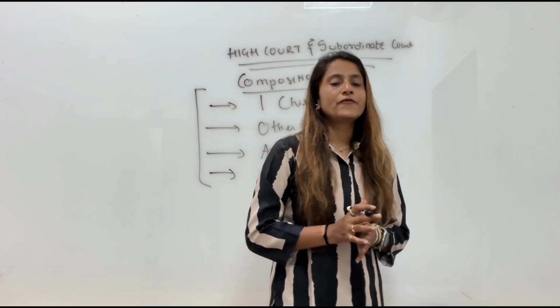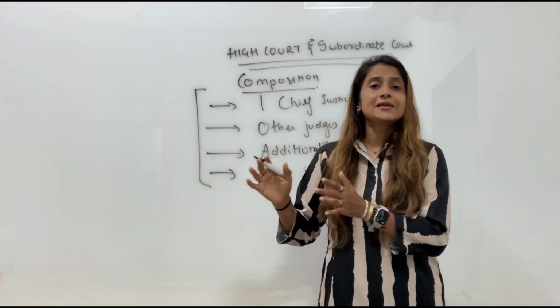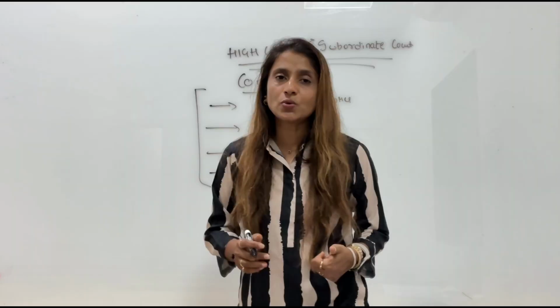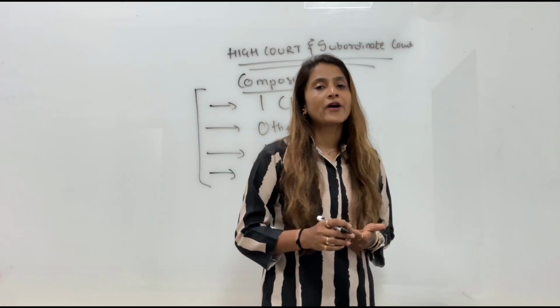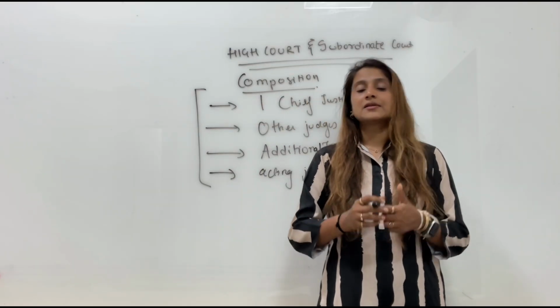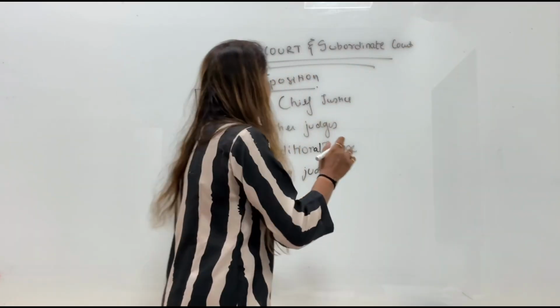Again, I am repeating the qualifications needed besides being a citizen of India. Your age should be less than 62. You should have worked for 10 years as an advocate of the High Court, or you should have worked for 10 years in any judicial department in any territory of your country.